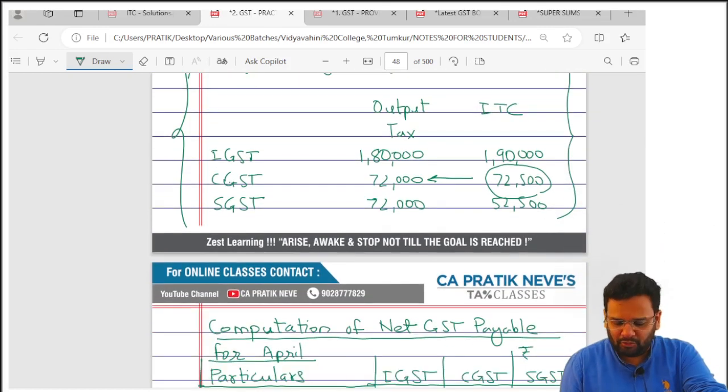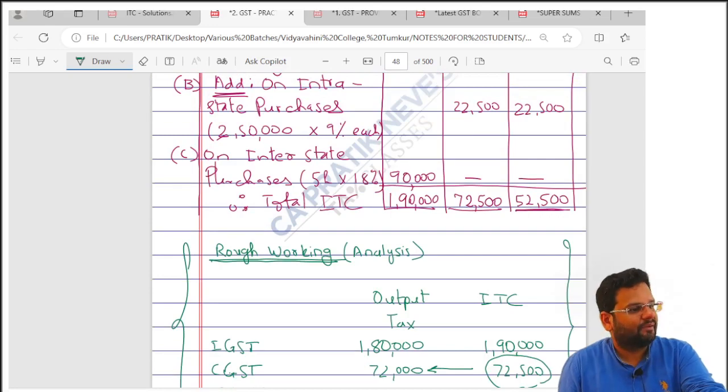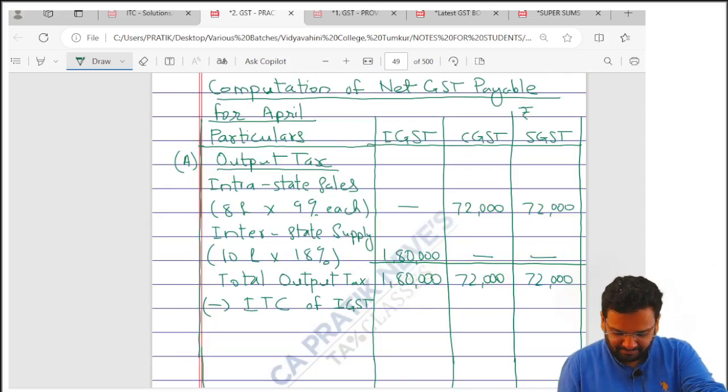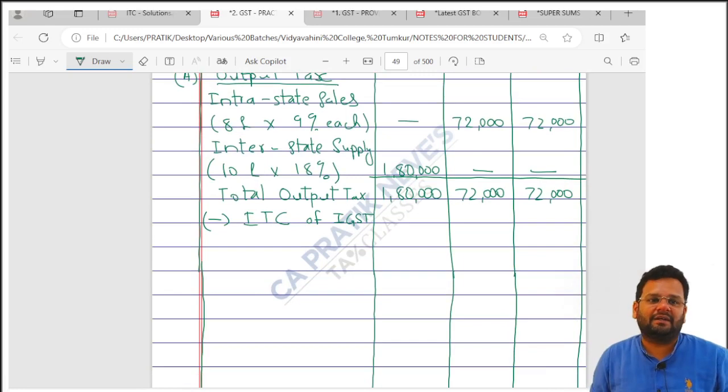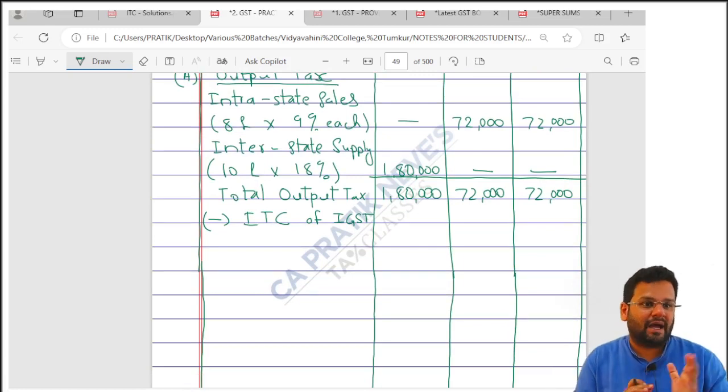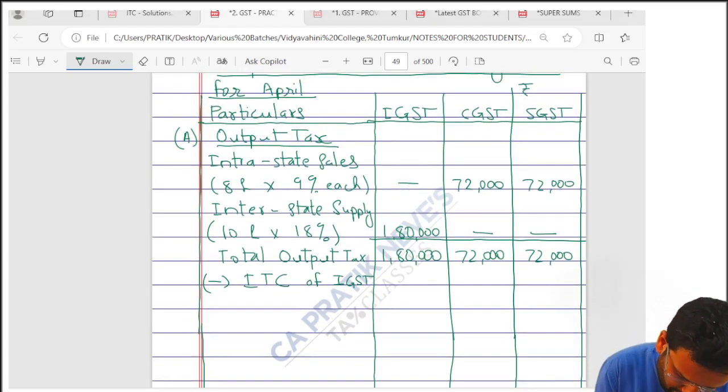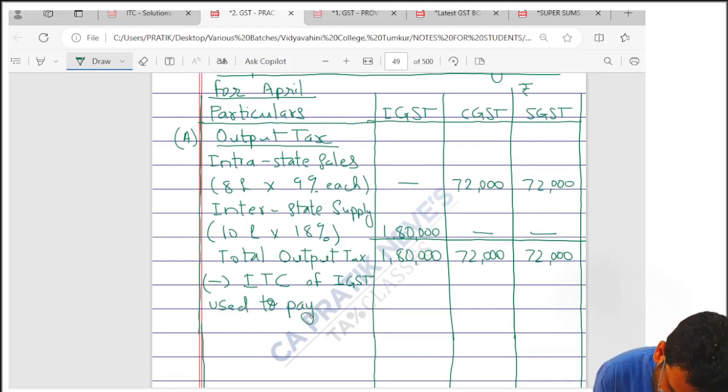So now how will you do it? Less: ITC of IGST used to pay IGST. How much? 1,80,000.